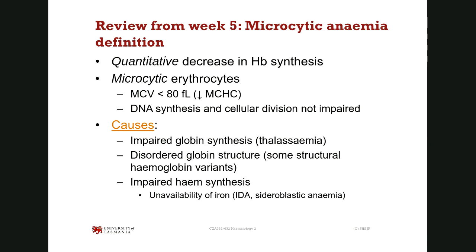So iron dysregulation, whether it be incorporating iron into the heme, into the protoporphyrin ring, or whether it be a deficiency of iron, so there's not enough iron to actually be put into the ring and to make the heme part of hemoglobin. And as I said, we've already talked about impaired globin synthesis and disordered or defective globin structure. And this week it's all about impaired heme synthesis.